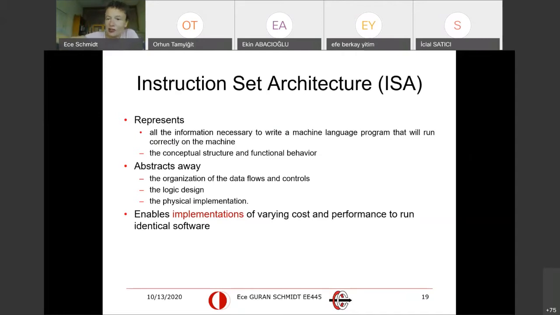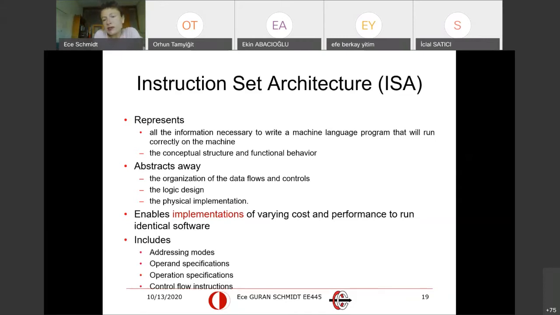I run these instructions on that machine, and they run in 1 second, because the second machine is designed to be much more efficient, much more advanced, and so on. So it can run faster, but the output and the correctness will be exactly the same, because it's the same code, just running on different hardware platforms. The instruction set architecture includes the addressing modes, operand specifications, operation specifications, and control flow instructions. We will learn all these.